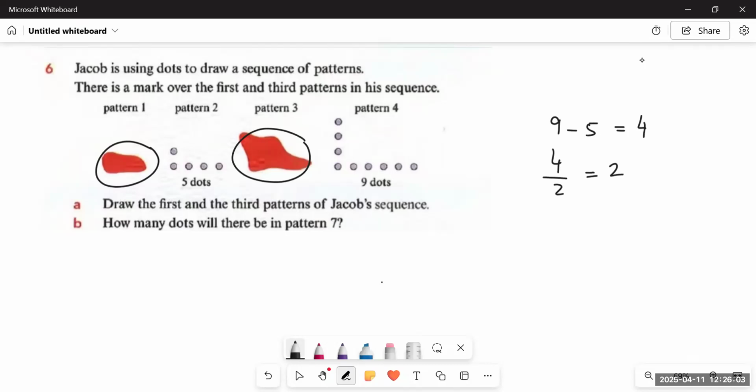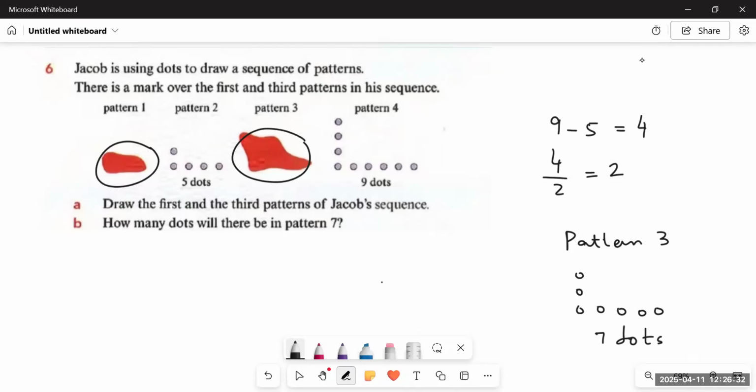So in pattern number 3, there would be 2 more dots than 5. That is, there would be 7 dots in pattern number 3. 5 plus 2 is equal to 7, or 9 minus 2 is equal to 7. In both cases, we get the same answer.